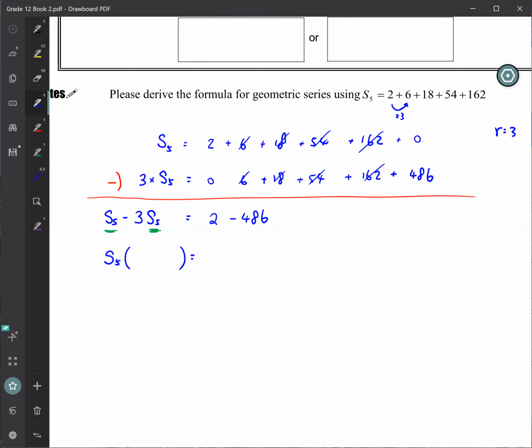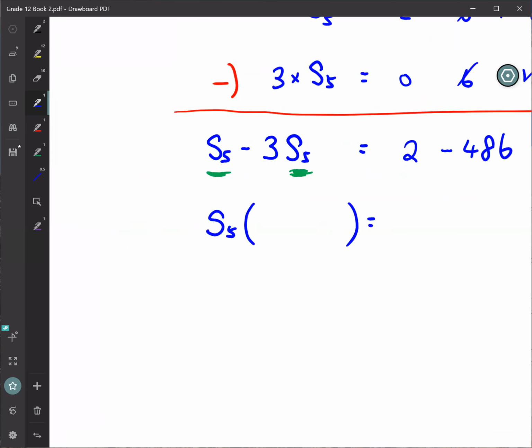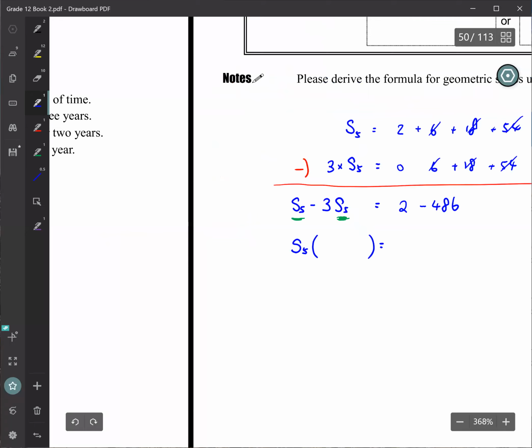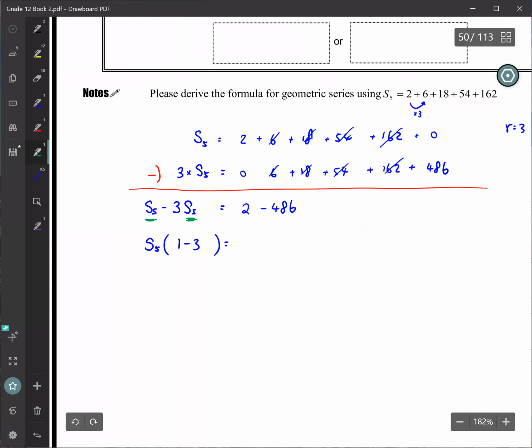No, I mean on the left side. Focus. Oh, sorry. Negative 2. Negative, what did you say? 2. Negative 2, yeah, okay. Or you can write it as 1 minus 3, right? If you think about S5 going in, right? If I multiply in, then you get back to the previous line, okay? So here we factor the S5 out, okay?